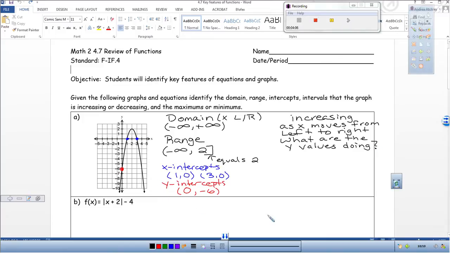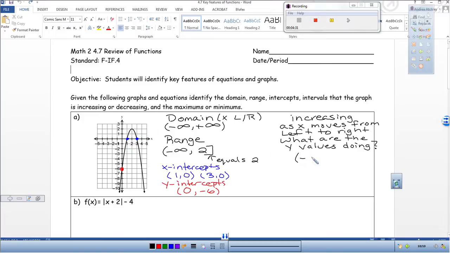So as I move here from left to right, what are these y values doing? Are they getting bigger or are they getting smaller? Bigger. As I'm going this way, these are going to be moving up fairly quickly.